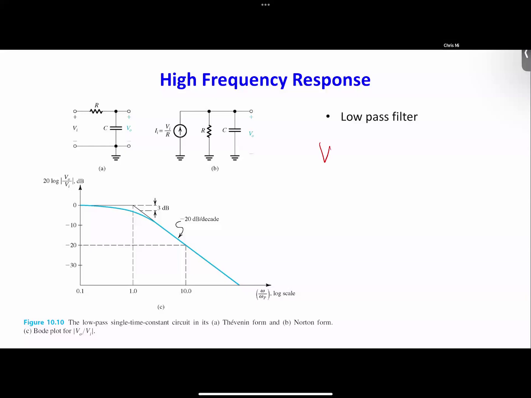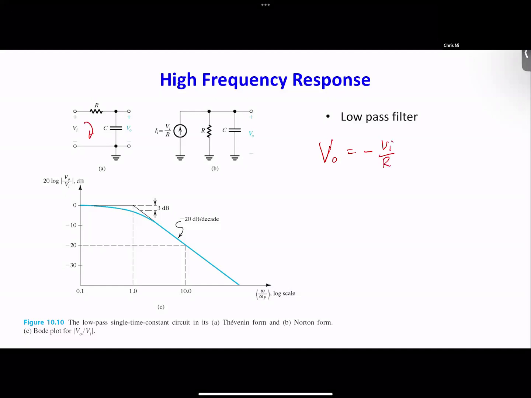We probably don't have time to derive it here, but we could if we want to, because we always go to minus VI over R, which is the current over here. No, actually, this is not correct.